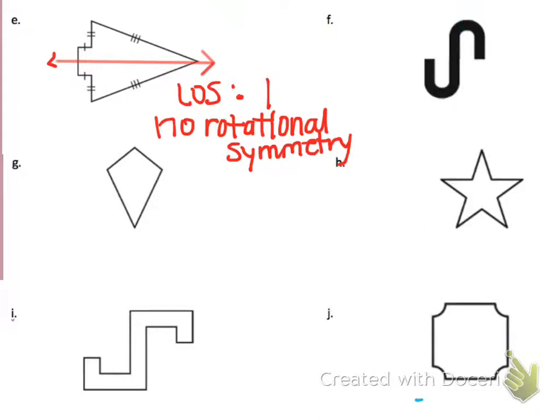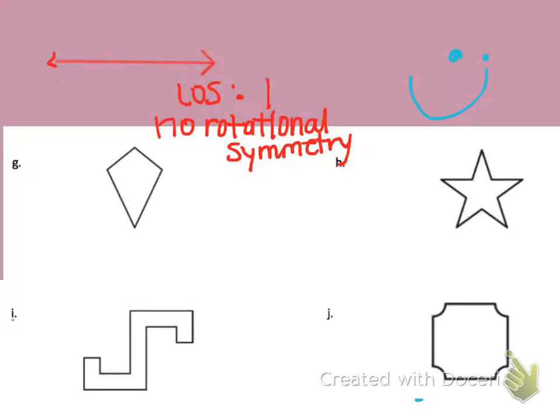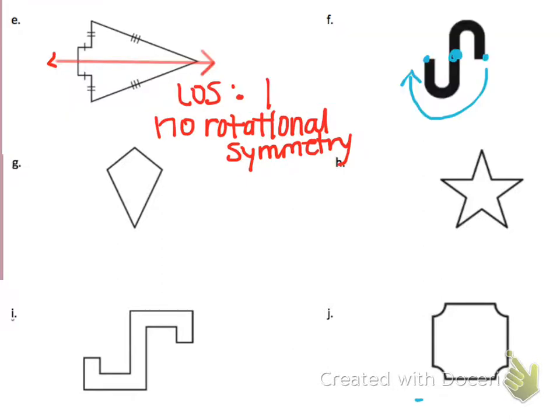But there is a point right in here, if you could locate it just right, that this thing would rotate around. So when this point rotates around and ends up right here, it would look exactly the same, right? So it took 180 degrees to get there, but it made it in one half turn.